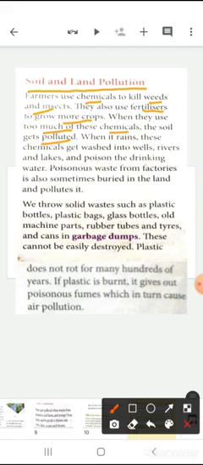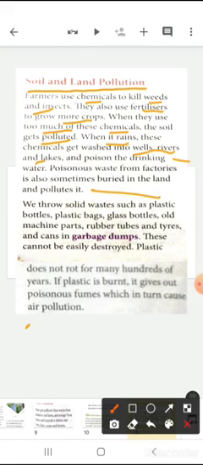And when it rains, these chemicals get washed into wells, rivers and lakes, and poison the drinking water. Poisonous waste from factories is also sometimes buried in the land and pollutes it.